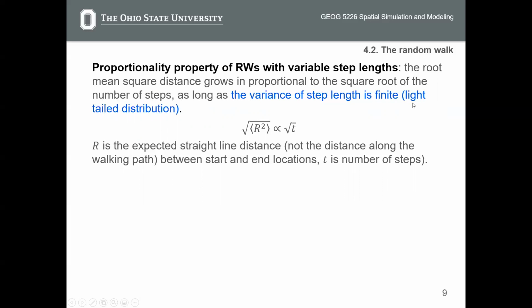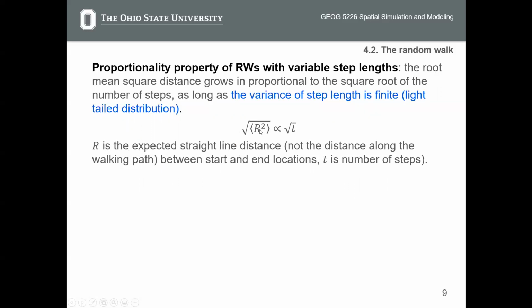Which means that the distribution you are using is a light tail distribution. Here, R is the expected straight line distance, not the distance along the walking path, between start and end locations. T is the number of steps. So this formula here is actually the mathematical expression of the sentence here.